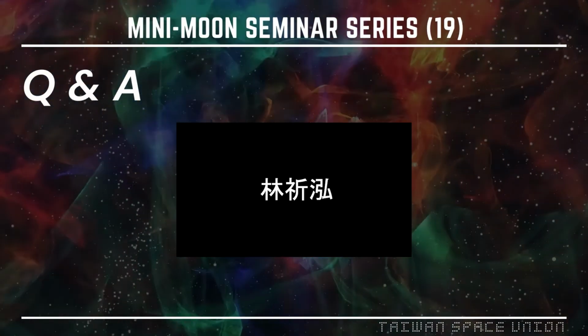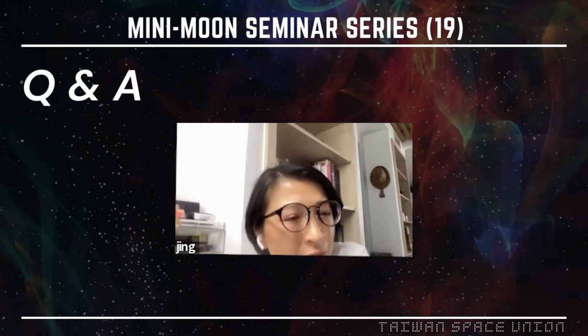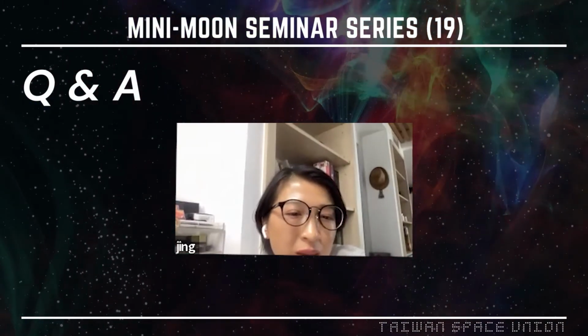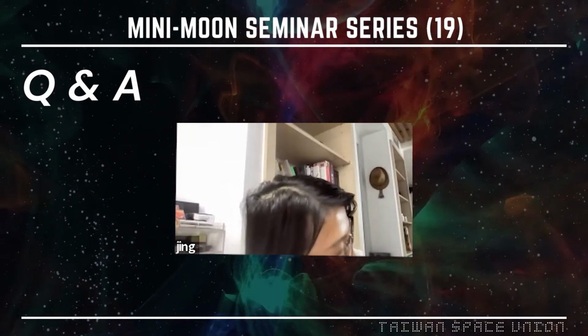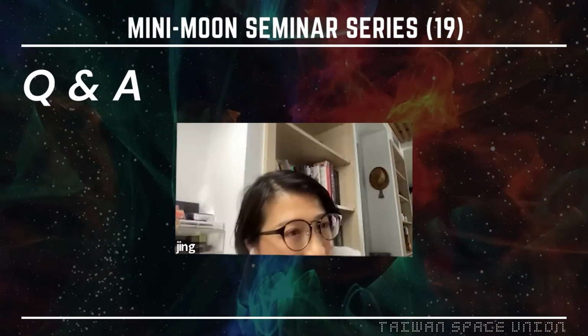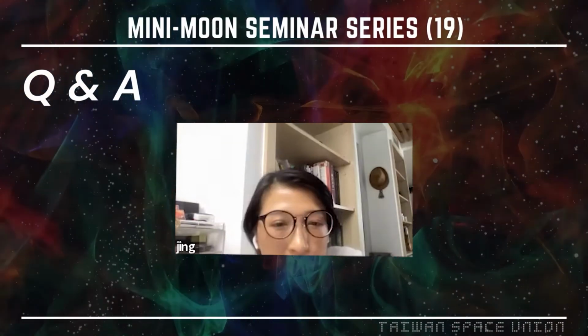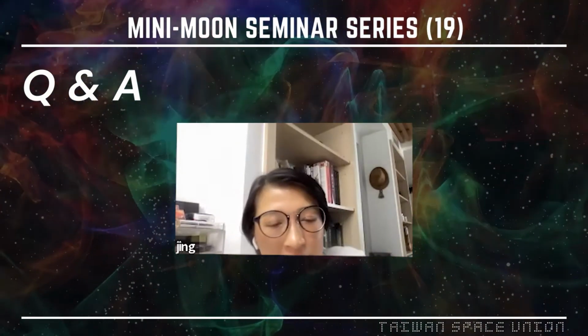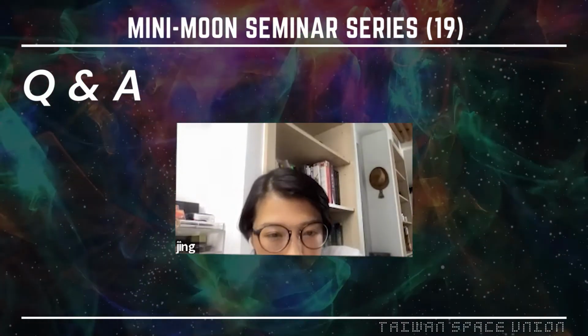Yeah, okay. Thank you for your question. First, you say the surface age can be billion years. I mean, the asteroid, it's from the birth of the asteroid.